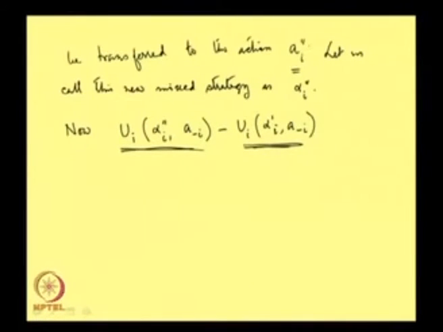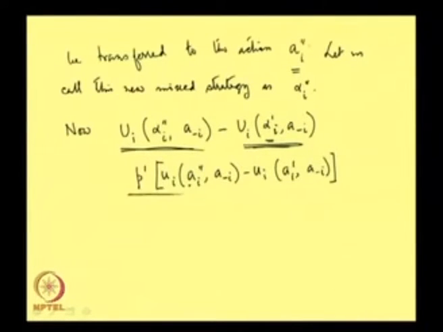Whereas, this action a_i'' has now a greater value compared to this. So, in the net what we shall have is this p' times U_i(a_i'', a_-i) minus U_i(a_i', a_-i), because this is the p' which has been transferred to a_i'' here.